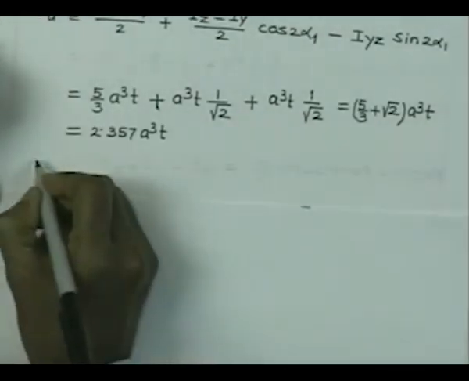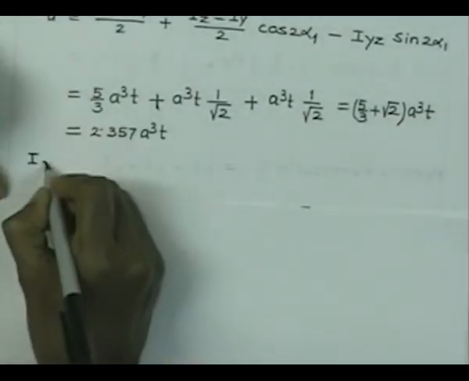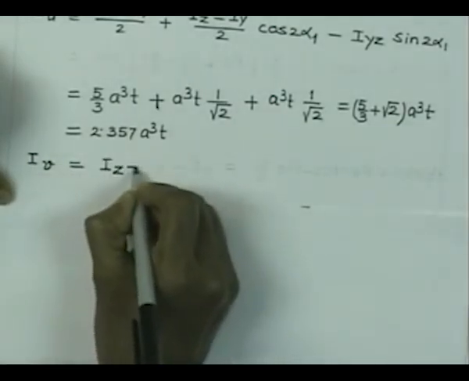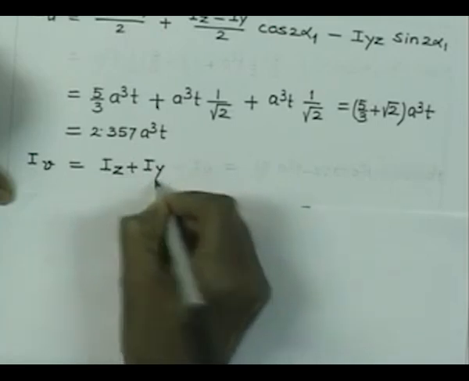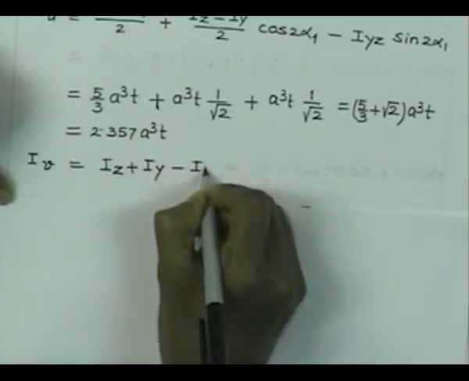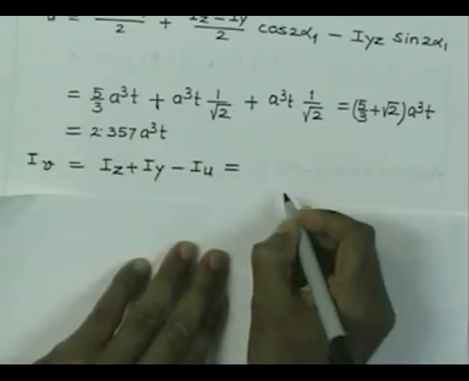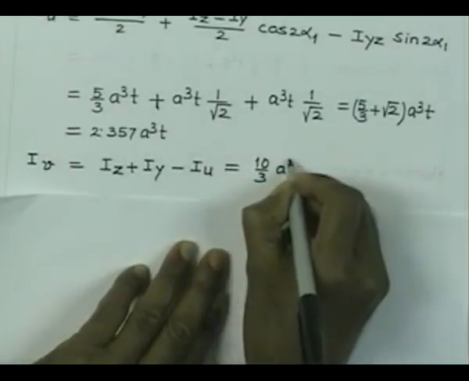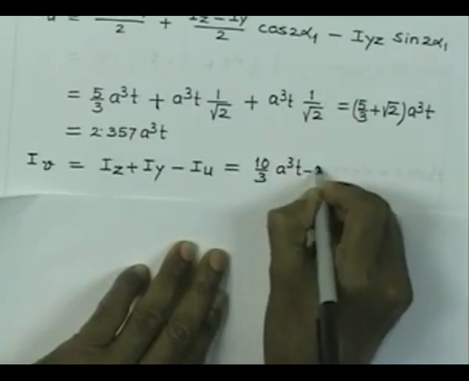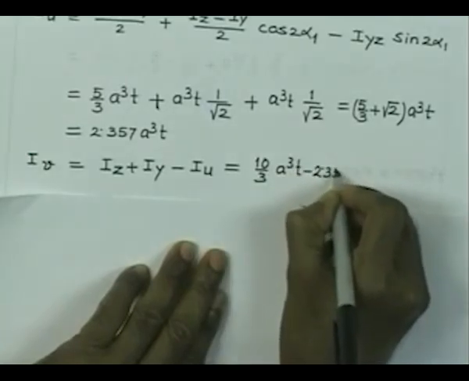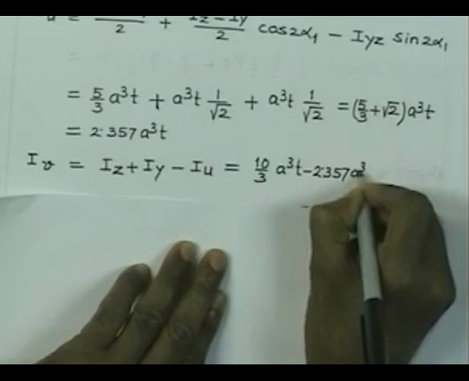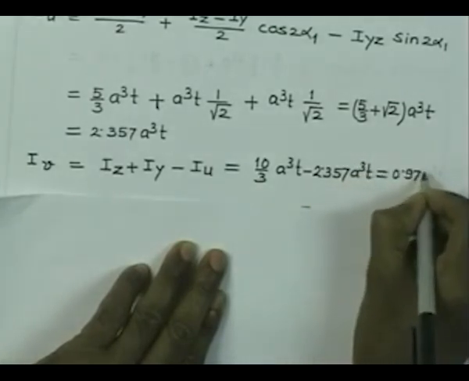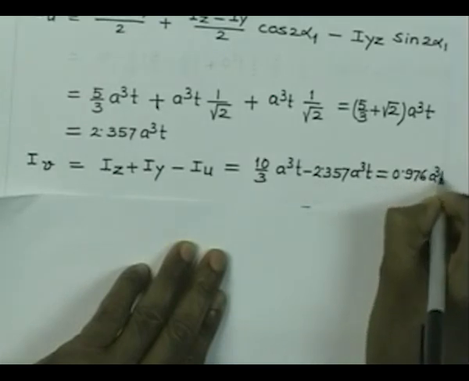Similarly, for I V I need not go through the similar formula. I can make use of the fact that I V is equal to I Z plus I Y minus I U, and therefore we have 10 by 3 a cube t minus 2.357 a cube t, which gives us 0.976 a cube t.